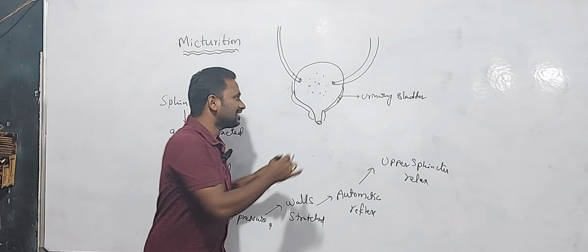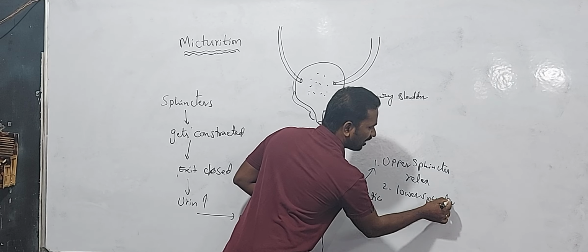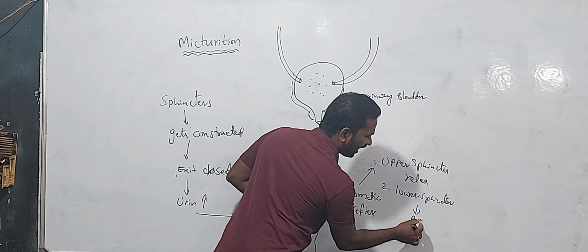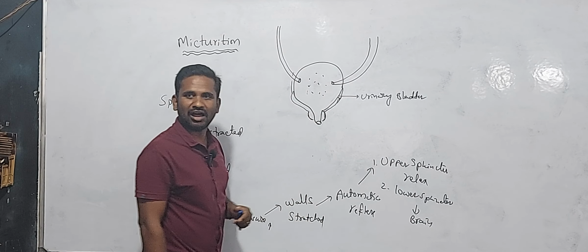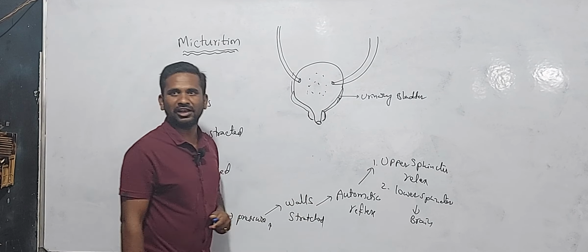If you observe, the upper sphincter is in relaxed mode, and the lower sphincter is commonly under control of the brain. When it is filled with more urine, you can feel it trigger.